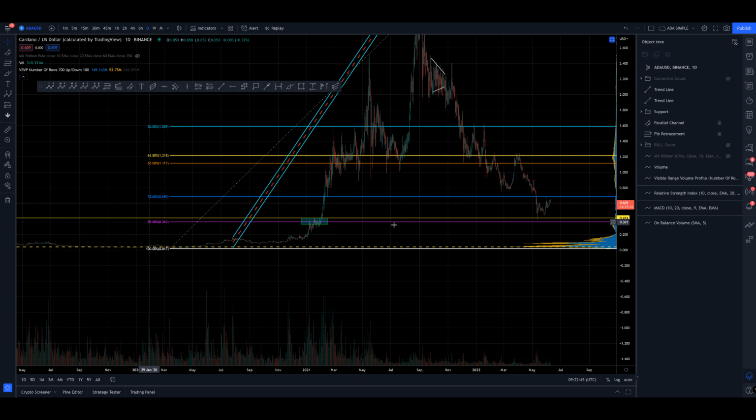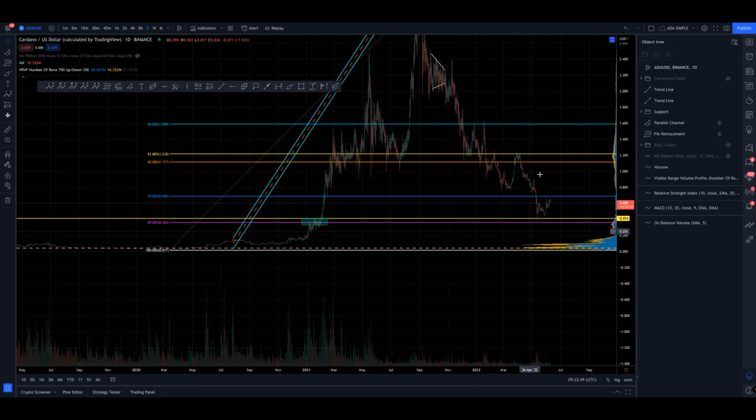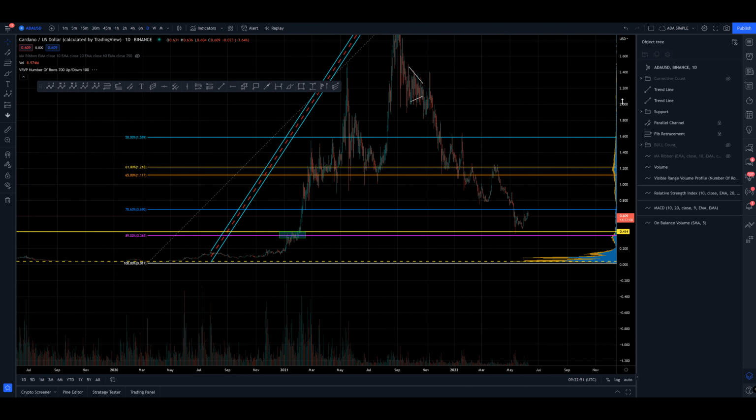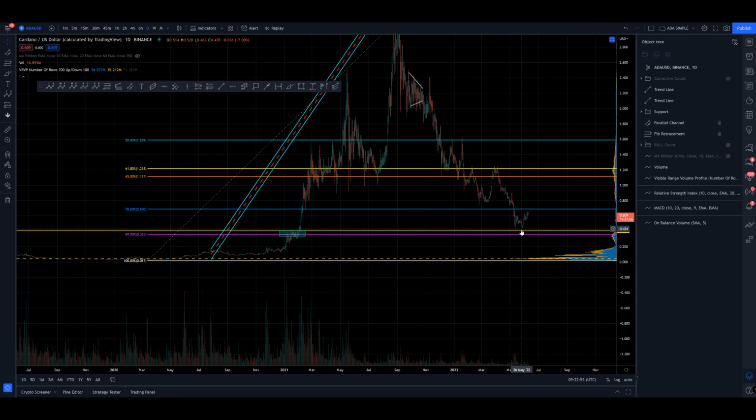I use the 89 because it's a Fibonacci number. I prefer it over the 90% retracement, but when I'm speaking in more general terms, I'll say we've given up 90%. Well, almost. One more move down through it would mean that we've given up essentially over 90% of the market if we break through this and keep heading lower.